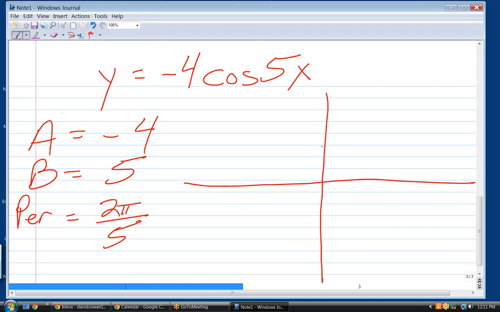In red, I am going to draw one period of cosine of x. Starts at its top.